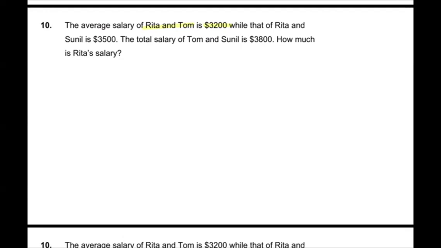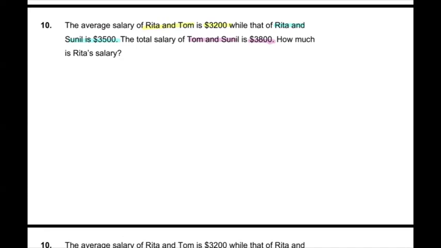We also have Rita and Sunil, which is 3,500. Now the total salary of Tom and Sunil is 3,800. Okay, so how much is Rita's salary?